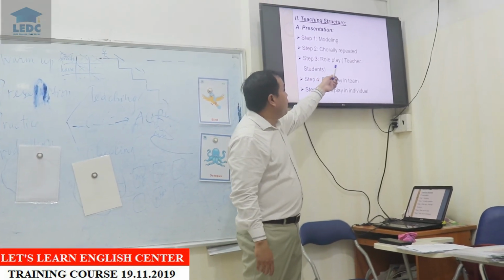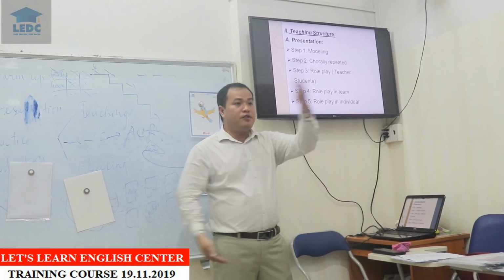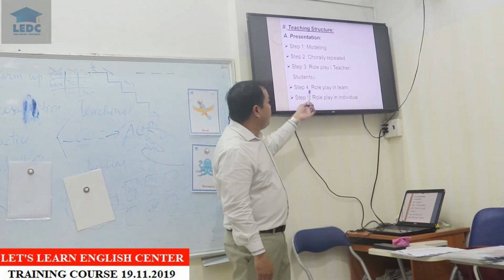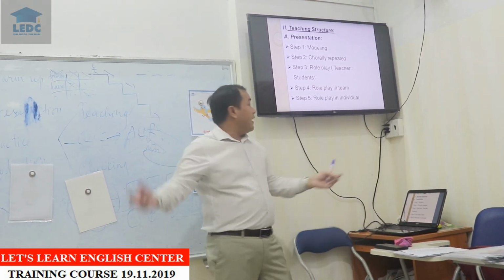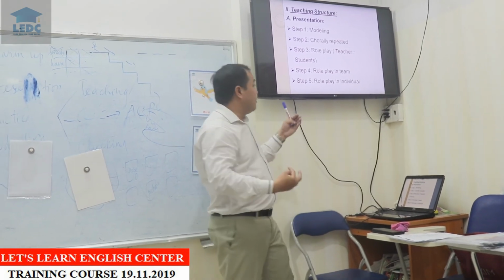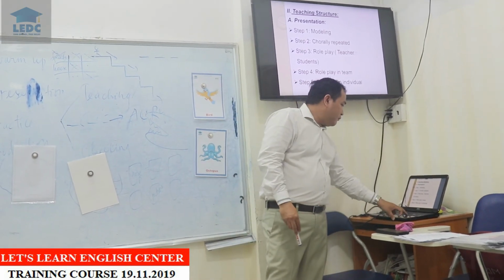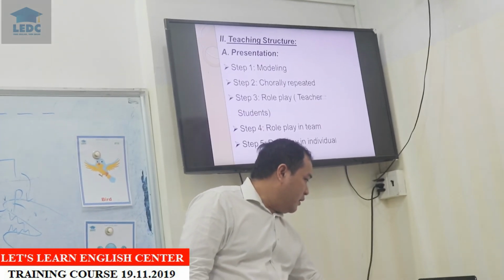Step three, you let them role play, which means the teacher takes one role and the whole class takes another role, in chain. And step four, you let them role play in teams, and then you can do it in groups and individually, right? This is for teaching structure or conversation.